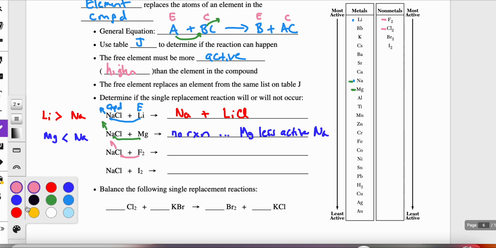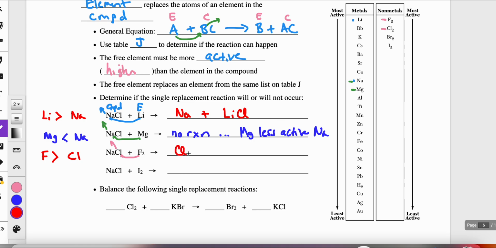In order to do that, you've got to think about the activity, right? So how does the fluorine's activity compare to the chlorine? Fluorine is above chlorine, so the fluorine is more active than the chlorine. The reaction happens. So the new free element is chlorine.